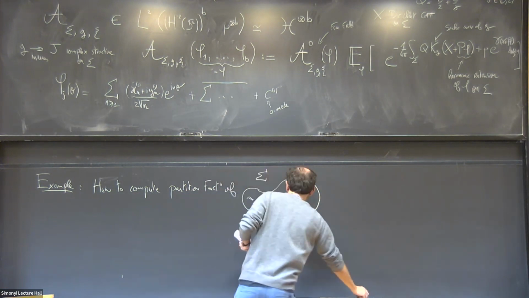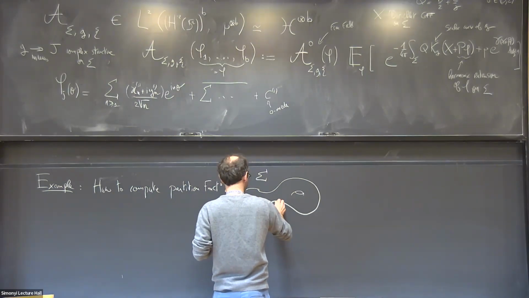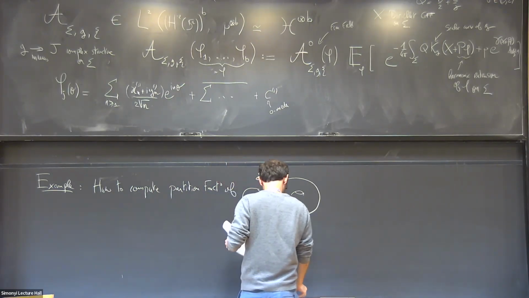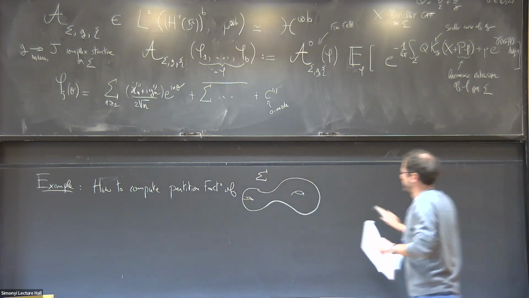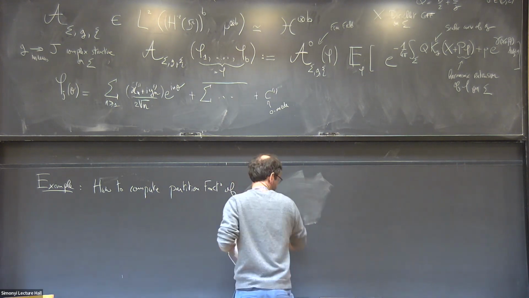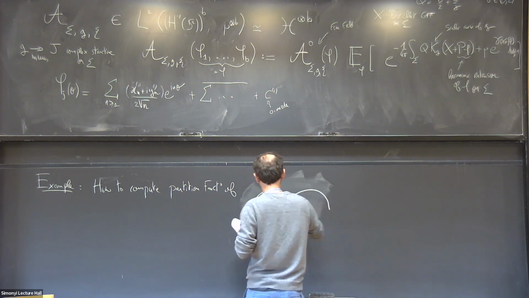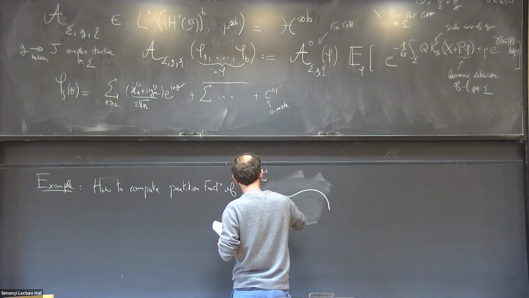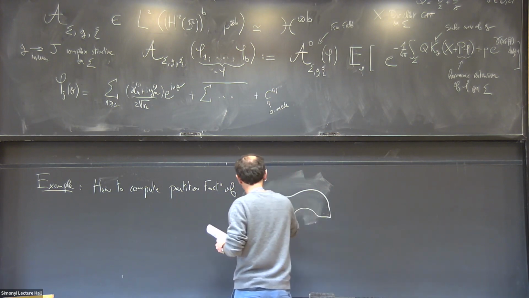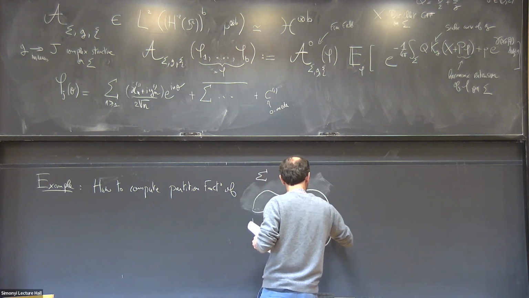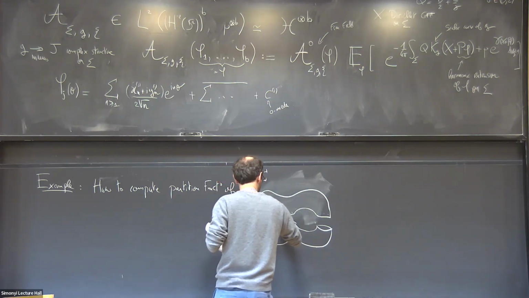So what I do, I will cut it in a certain way. Of course, the choice is not unique. That's not what I wanted, actually. I will take another choice. So in my picture, I want to have it in this way.